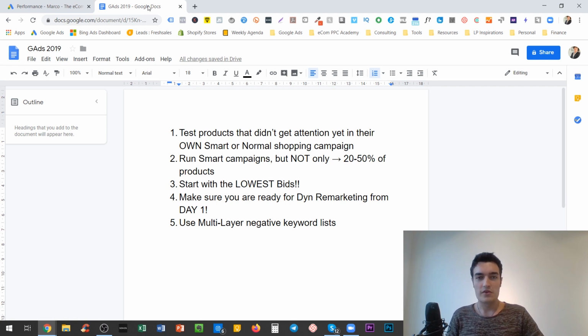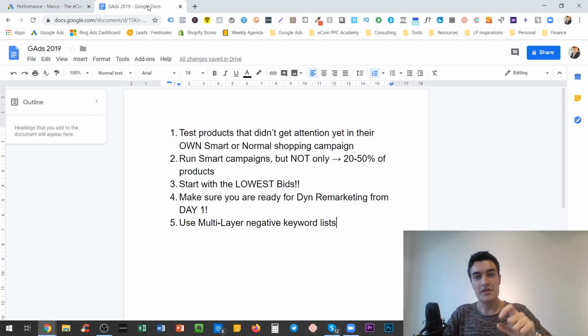So for example, this specific negative keyword list would include the word ring, so that you're not triggering for ring only, but only if someone enters golden ring. And if they enter ring, or let's say silver ring, you don't want to get this traffic. So you use this negative keyword list to only get the most relevant people to your store.